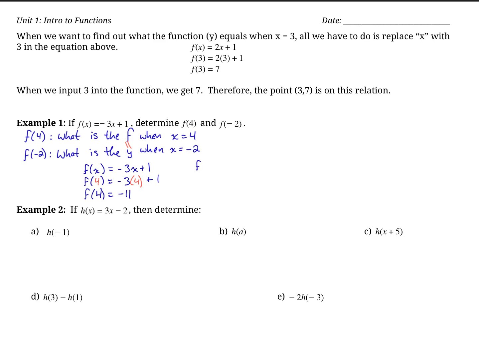And again, we're going to start with our original function. So f at x is equal to negative 3x plus 1. We're going to replace our x value with negative 2. So we're finding out what f at negative 2 is. That's equal to negative 3 times negative 2 plus 1. So f at negative 2 is equal to 7.